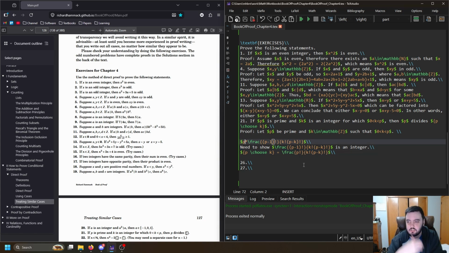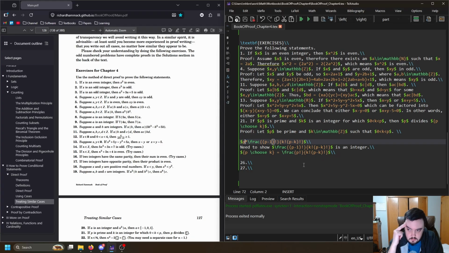If we know that that's an integer, and we know that p is an integer, then we know that the other part is an integer, right? No. That's where the primeness comes in. That's why it has to be prime.